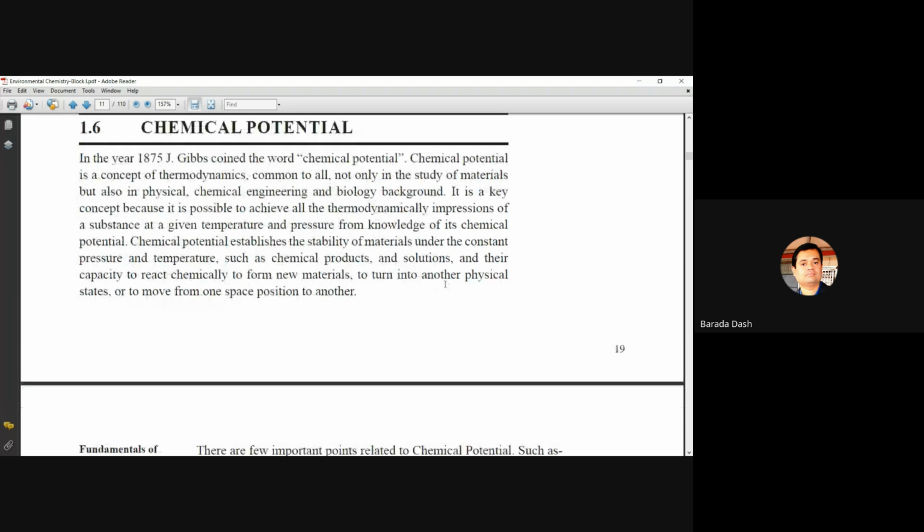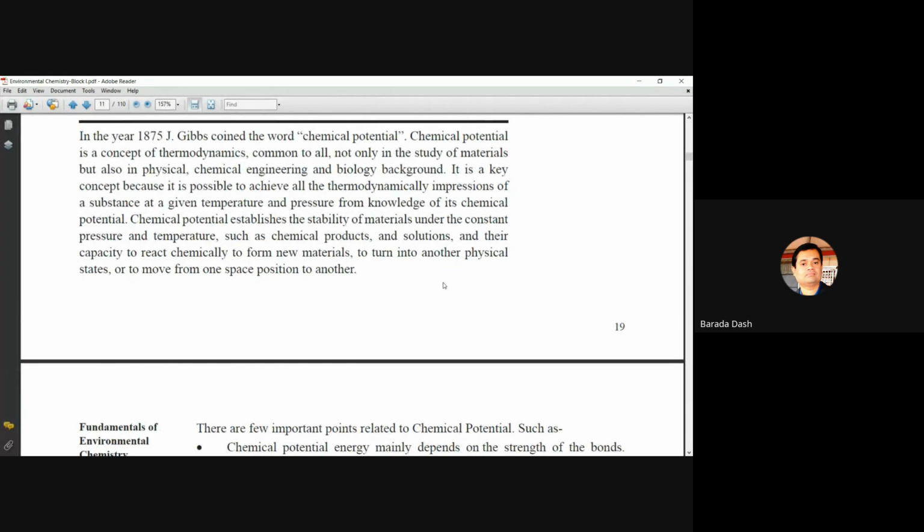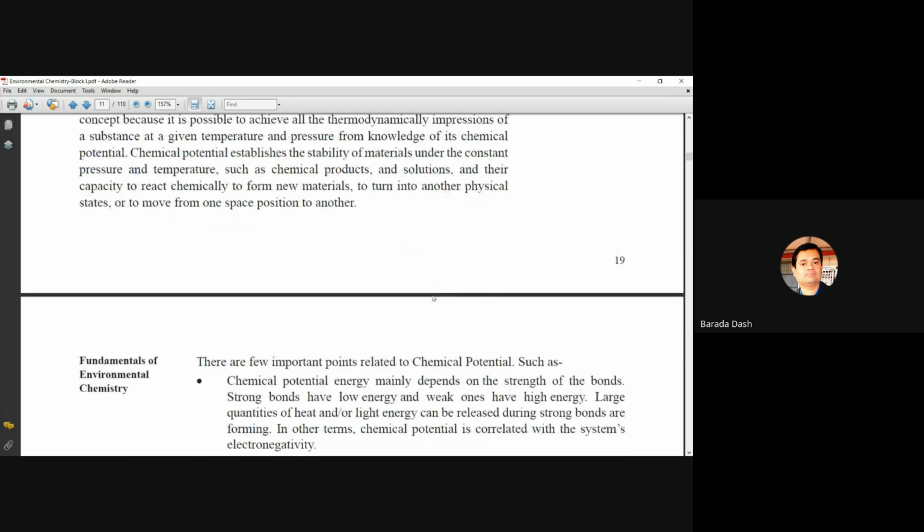So chemical potential establishes the stability of materials under constant pressure and temperature, such as chemical products and solutions, and their capacity to react chemically to form new materials, to turn into another physical state, or to move from one space position to another.